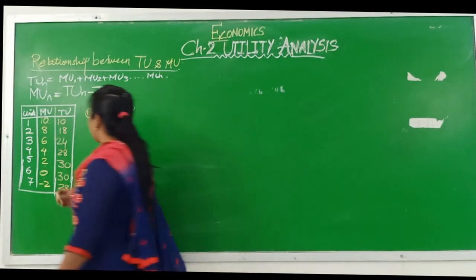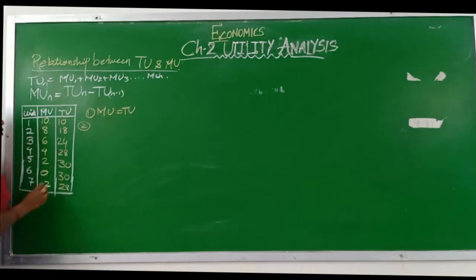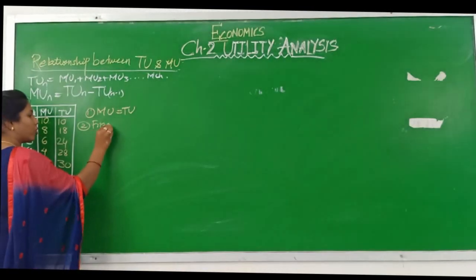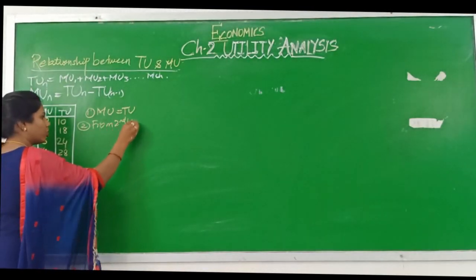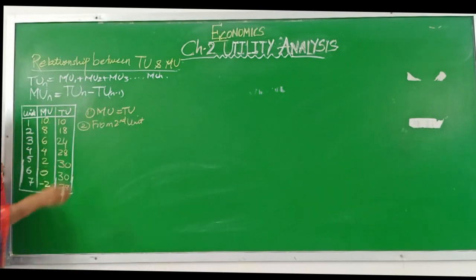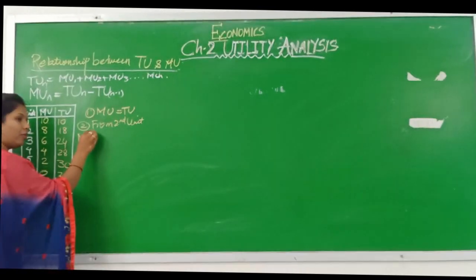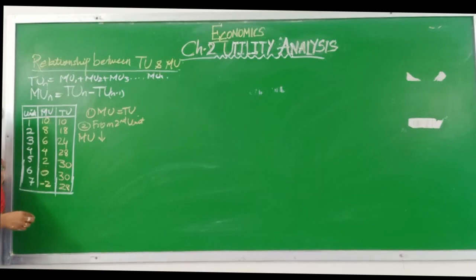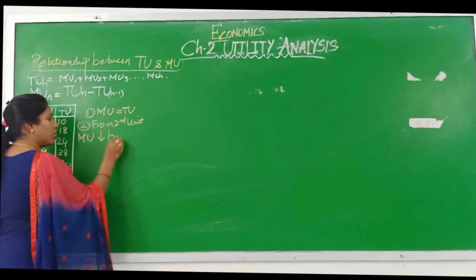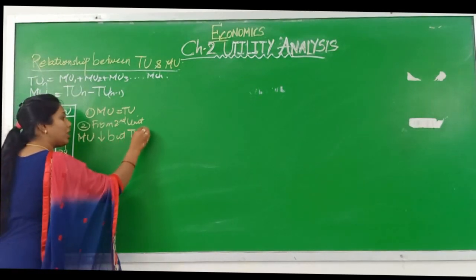From the second unit onwards, marginal utility decreases but total utility increases.